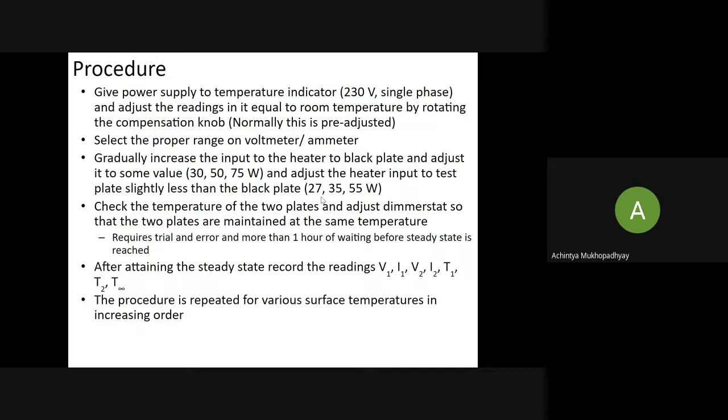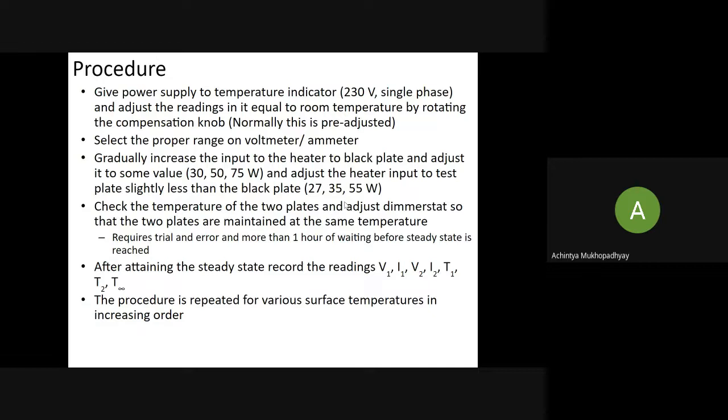Check the temperature of the two plates and adjust the thermostat so that the two plates are maintained at the same temperature. Ideally we should check it only after the steady state has been reached, but because both plates have the same size and the same material, they have similar thermal capacity, so their rate of change of temperature should also be more or less similar.